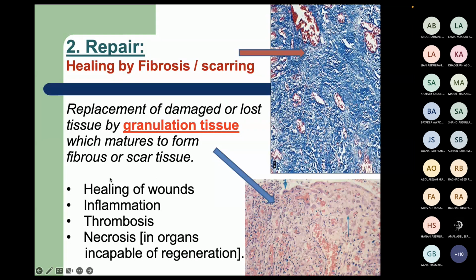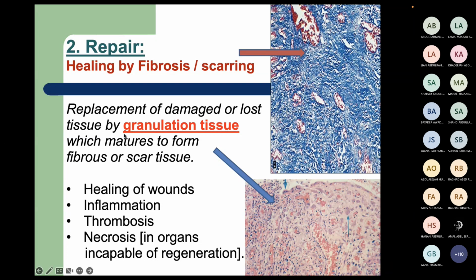Repair by fibrosis occurs in examples like healing of wounds, healing in inflammations, healing of a thrombus or thrombosis, or healing in a necrosis. When cells die in necrosis, in organs like the heart and other areas, there'll be no regeneration.